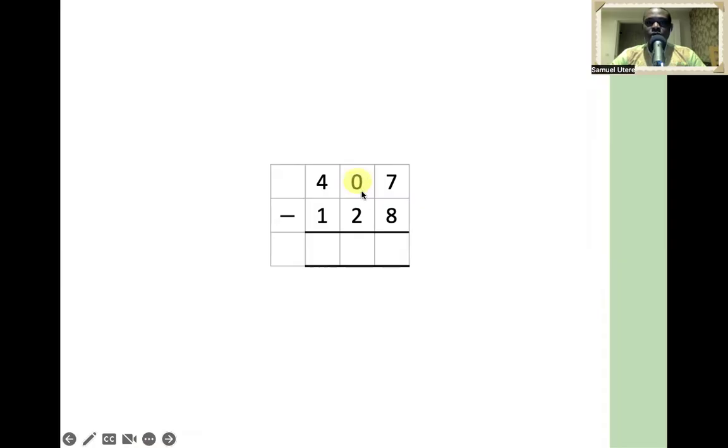We need to do an exchange so that we can subtract 8 ones from this part here, which is the 7 ones. Because we don't have anything here to exchange, we have to move to the next place value up. So now we can take from the hundreds, that will be equal to 10.